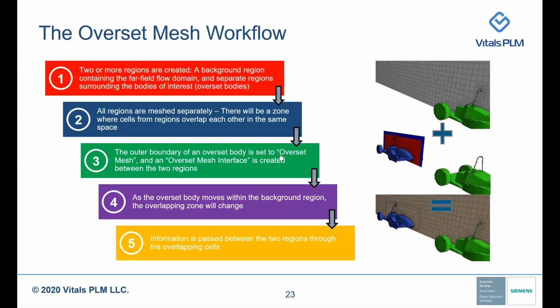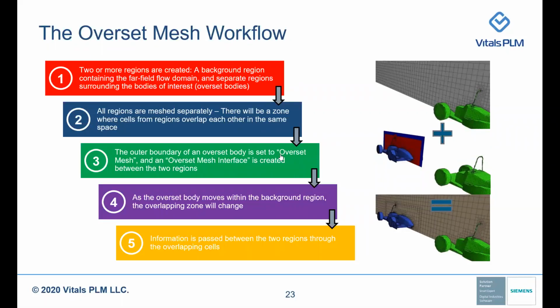Once we have two different regions, they must be meshed separately. Here we can see we have two meshes, and the rear racing car has a mesh which is colored in red, and then you can see there is a zone colored in blue. In this zone you can see the cells are overlapping from each region.